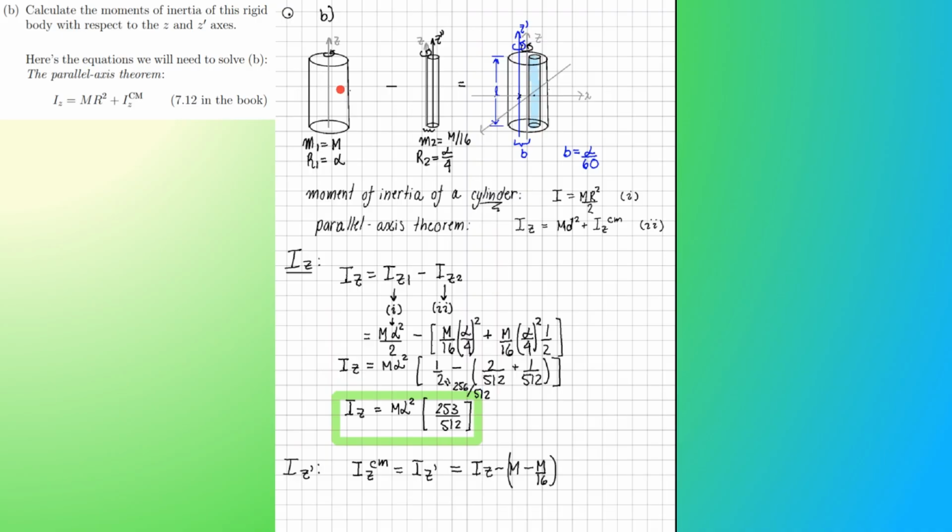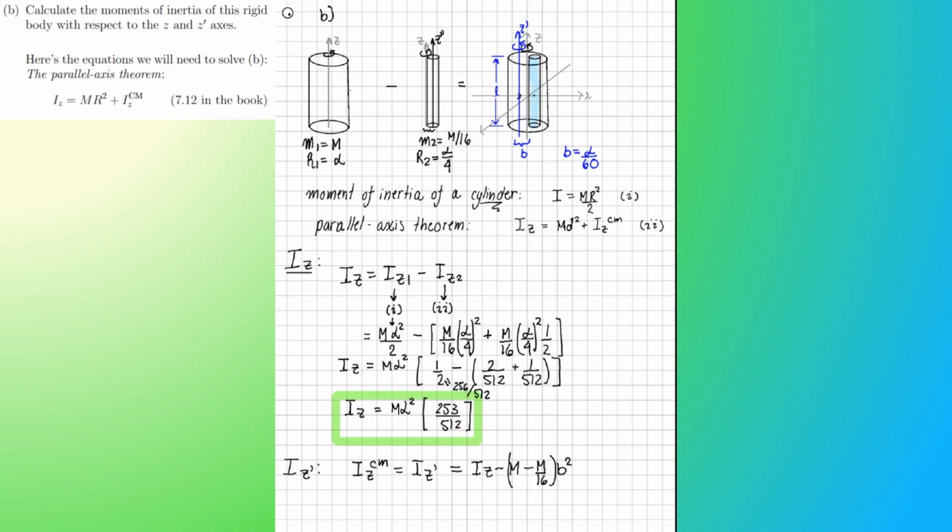Because we are removing this cylinder from the initial cylinder. And then multiplied by d squared. So like I said before, remember d squared is just the distance between both axes. So in our case, it's b. So it'll be minus b squared.